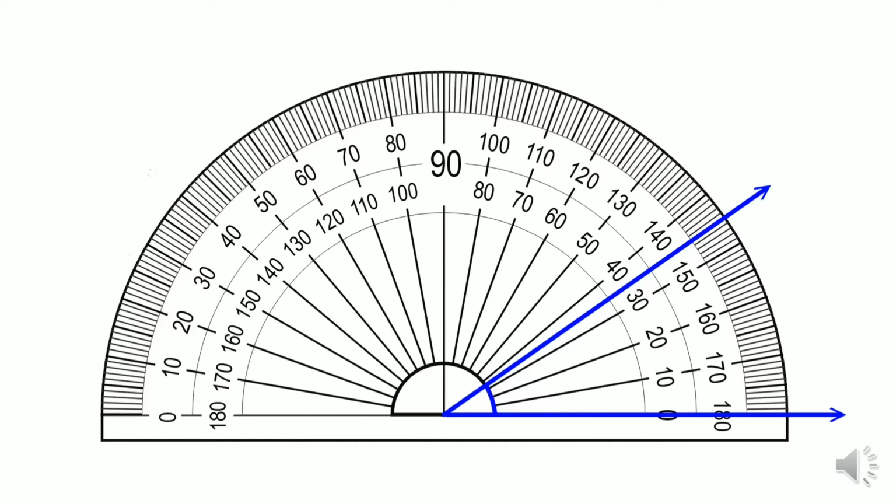This base arm of the angle and the baseline of the protractor must coincide, and the center of the protractor and the vertex of the angle must coincide, so that we can measure the angle. Okay children, like this we can measure the angle.